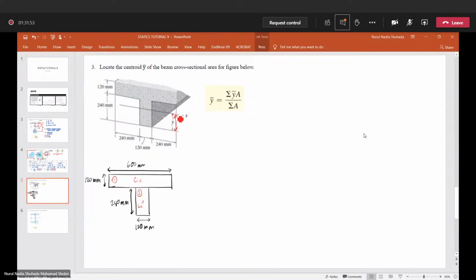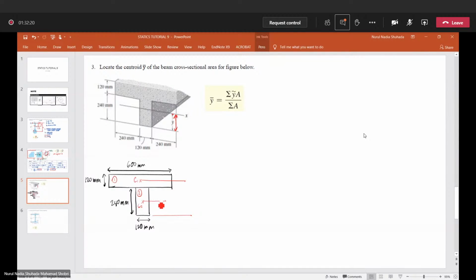So to find the value of centroid y, it should be from the center to the bottom. It should be between these two distances.